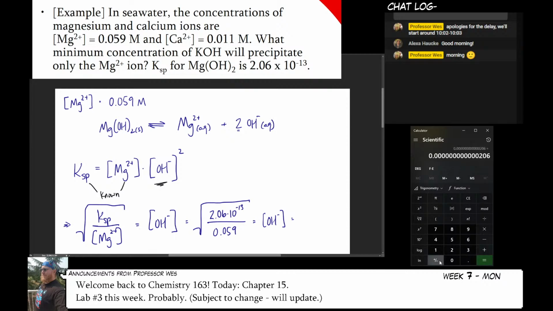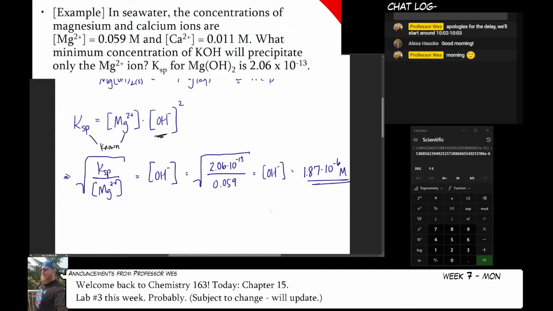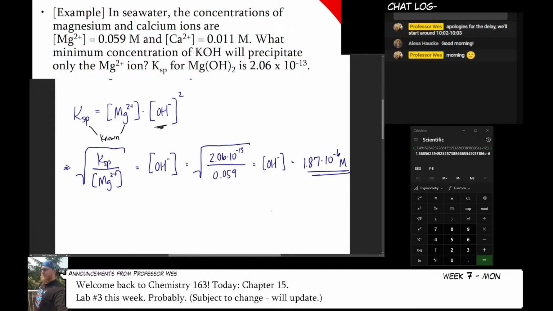Then we'll square root this. It's actually a 7, so 1.87 times 10 to the negative 6. So I need to have at least this concentration of hydroxide to precipitate.